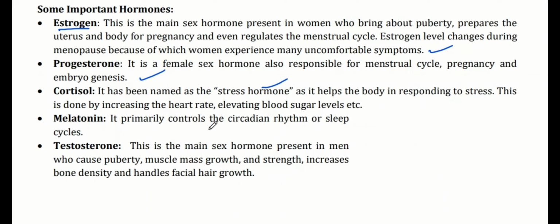It primarily controls the circadian rhythm or sleep cycle. Testosterone. This is the main sex hormone present in men, which causes puberty, muscle mass growth and strength, increases bone density and handles facial hair growth.